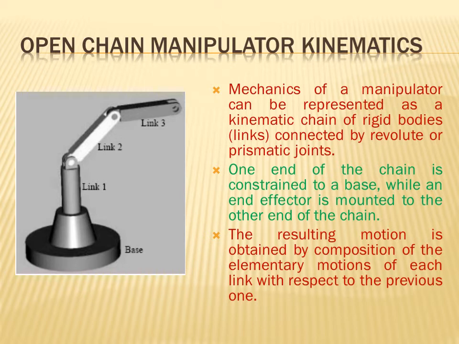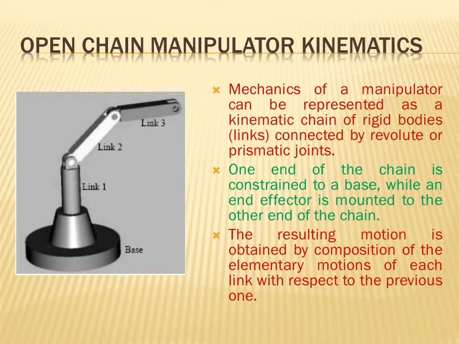Now, if we talk about open chain manipulator kinematics, we can see that this is the arrangement of an open chain mechanism where the base is a fixed base and the other links are movable in space.